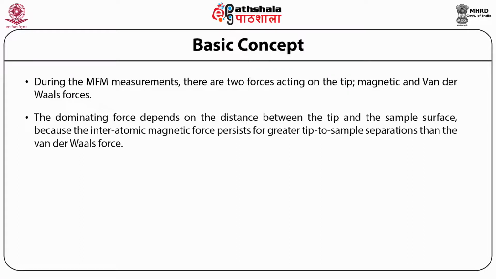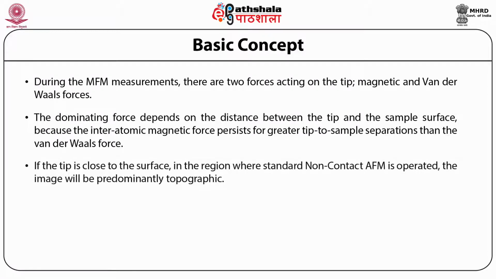The dominating force depends on the distance between the tip and the sample surface, because the magnetic force persists for greater tip-to-sample separation than the van der Waals forces. These van der Waals forces vary according to the tip-sample distance, therefore are used to measure the surface topography.